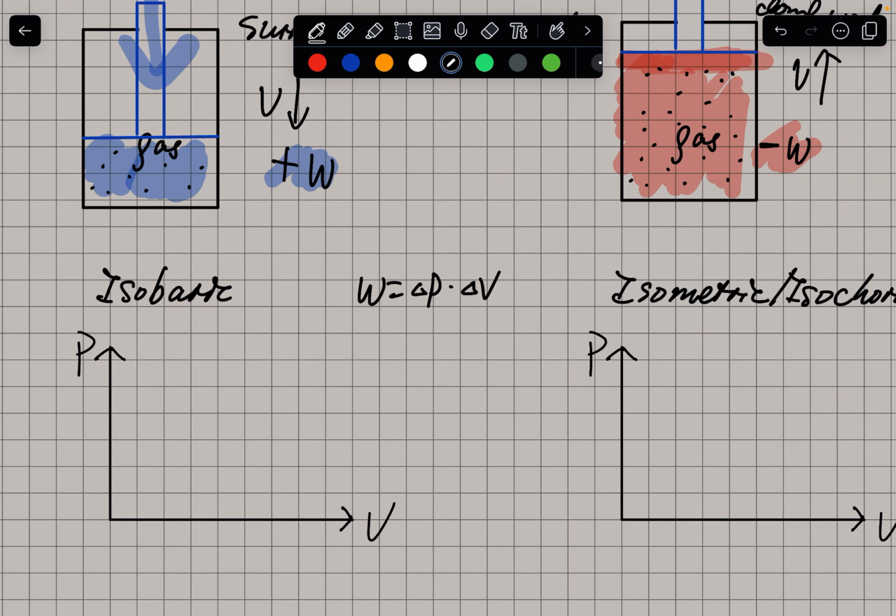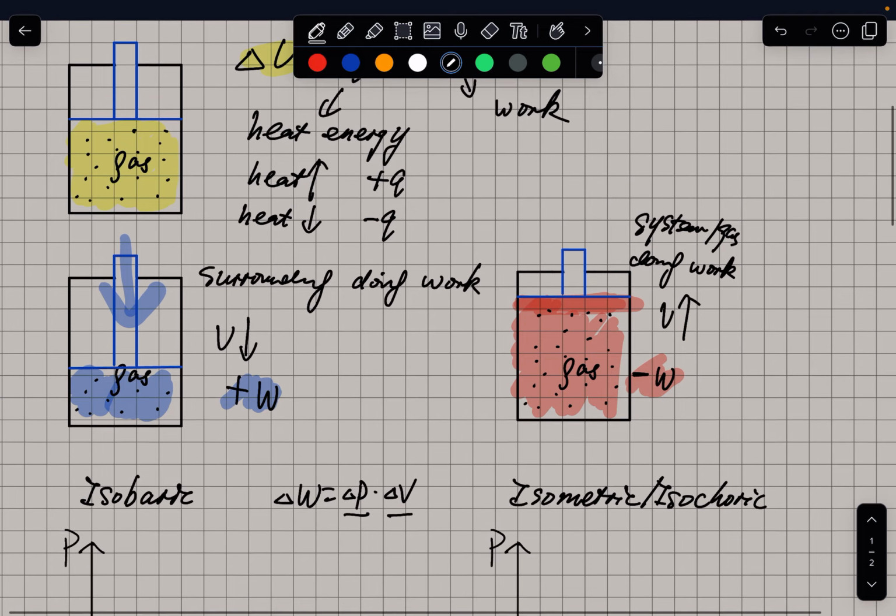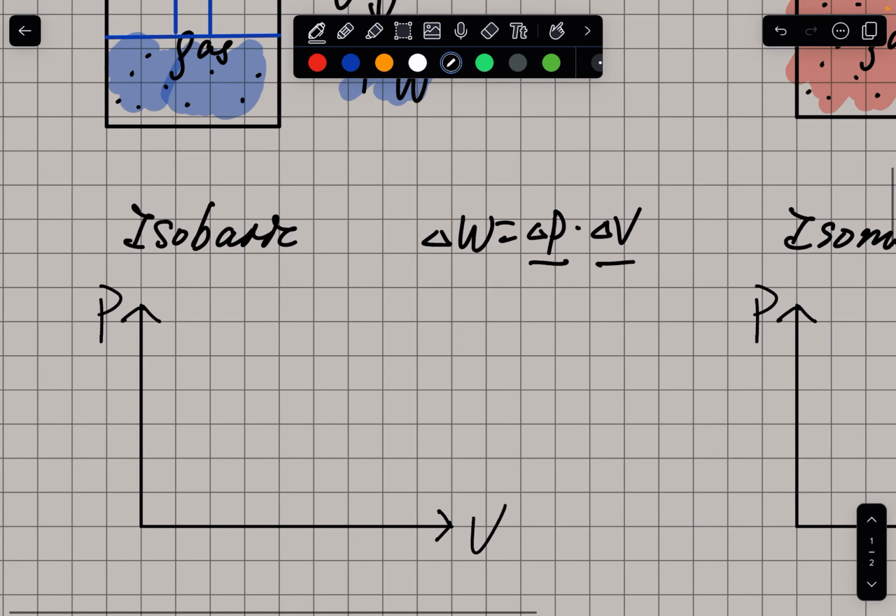That's why the PV diagram is important, because the change of P and the change of V can tell us the work. Work is part of the internal energy of my system, so I'm interested in knowing how the work is getting done, so that I can infer how the internal energy of the system changes, right?